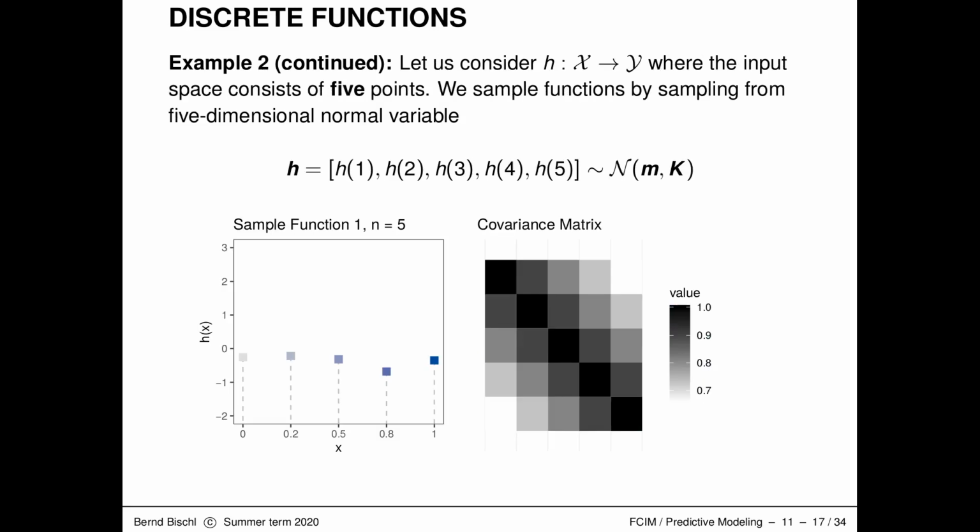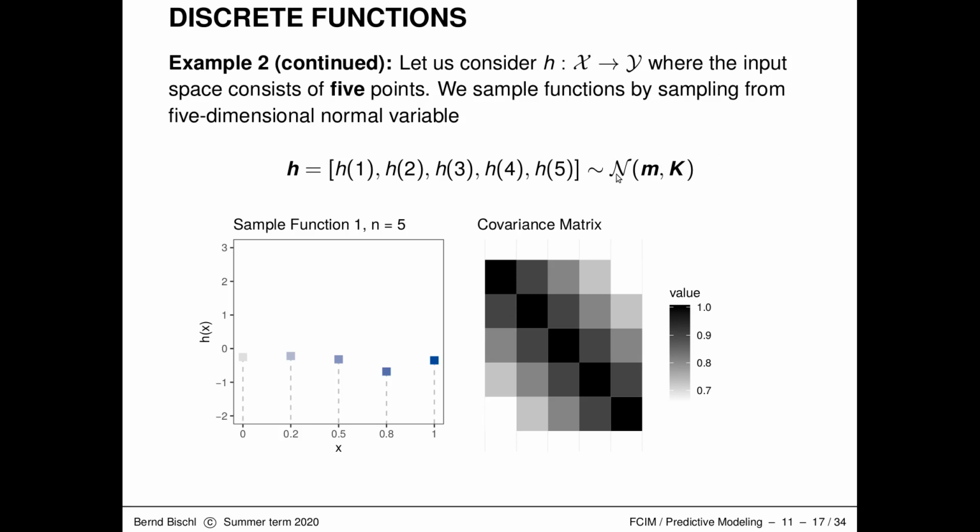I can also do this for 5 points now, to have a more fine-grained resolution here on my input interval. In this case, it's nearly impossible for me to visualize how this 5D Gaussian distribution looks like that I have to put on this 5-dimensional vector.